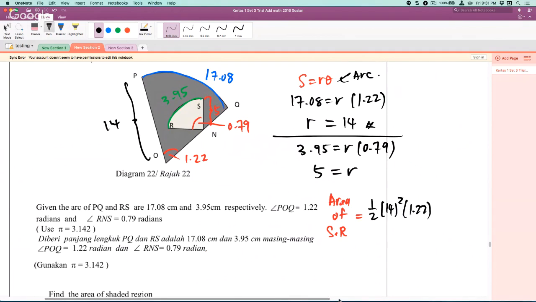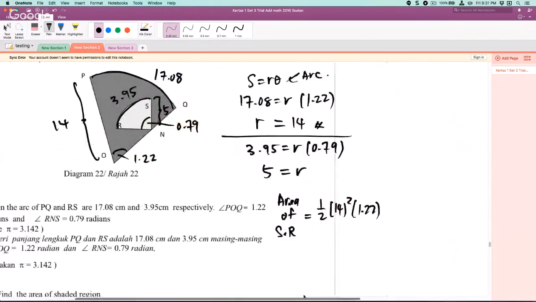Minus half times 5 squared times 0.79. Then you just solve this using the calculator: 1 over 2 multiply 14 squared multiply 1.22 minus 1 over 2 multiply 5 squared multiply 0.79.